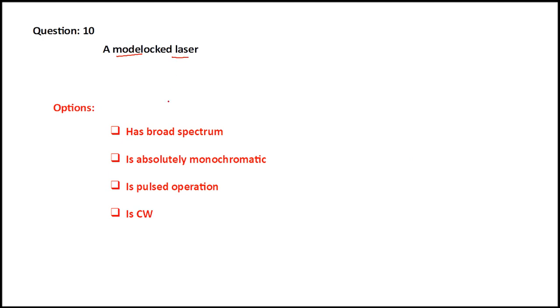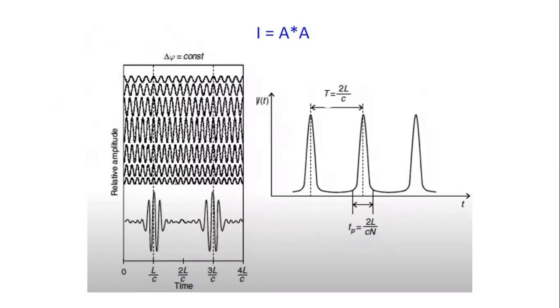A mode locked laser has a broad spectrum, is absolutely monochromatic, is a pulsed operation, is CW. First of all, this is a short summary of what mode locking is. In mode locking, by some modification, the phase difference between the modes is maintained to be zero.